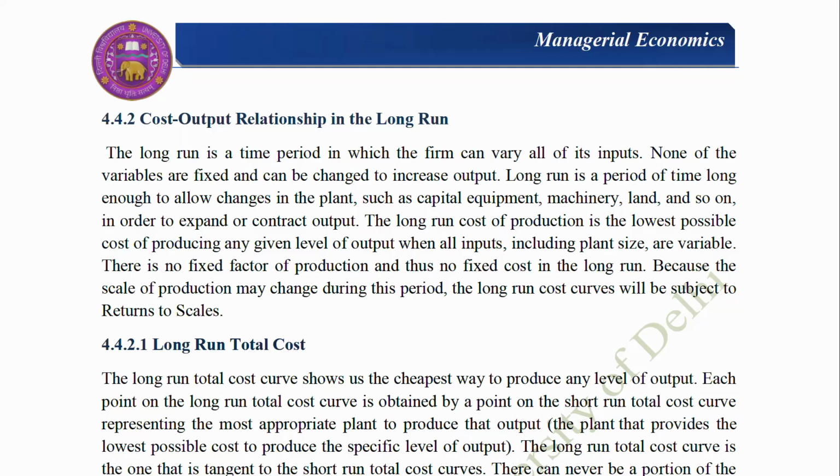The long run cost of production is the lowest possible cost of producing any given level of output when all inputs, including plant size, are variable. There is no fixed factor of production and thus no fixed cost in the long run. Because the scale of production may change during this period, the long run cost curves will be subject to returns to scale.